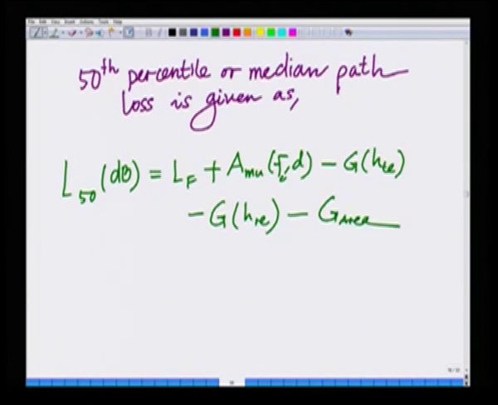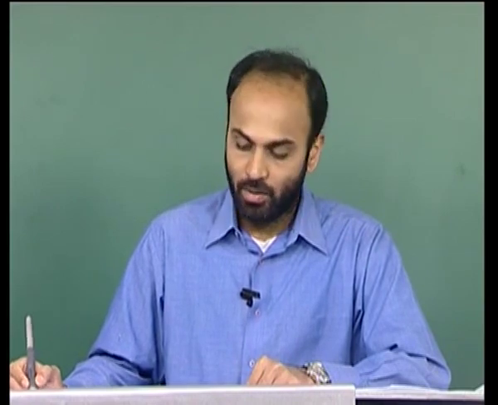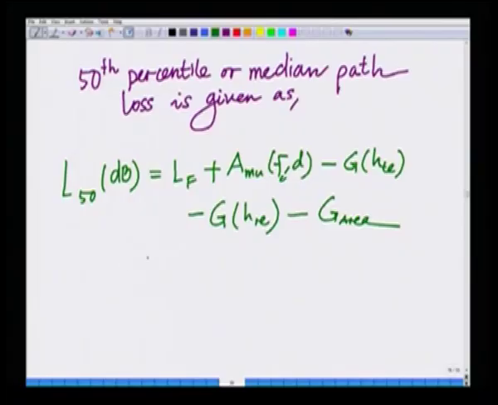This is a path loss. So, all the gains have to be essentially subtracted from the loss. L50 dB, let us explain what each of these components is.